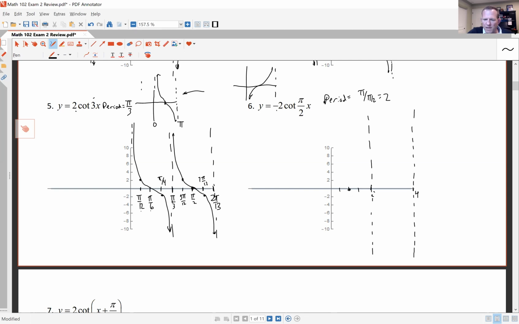So halfway between it is where it's 0. Half of that one is where it gets down to the -2 and then up to the +2. We go over to the next cycle, half and half again. This is where it's -2, and this is where it's +2.